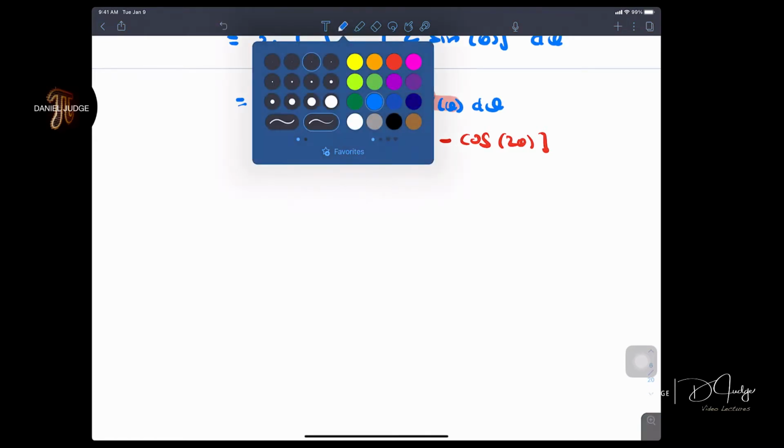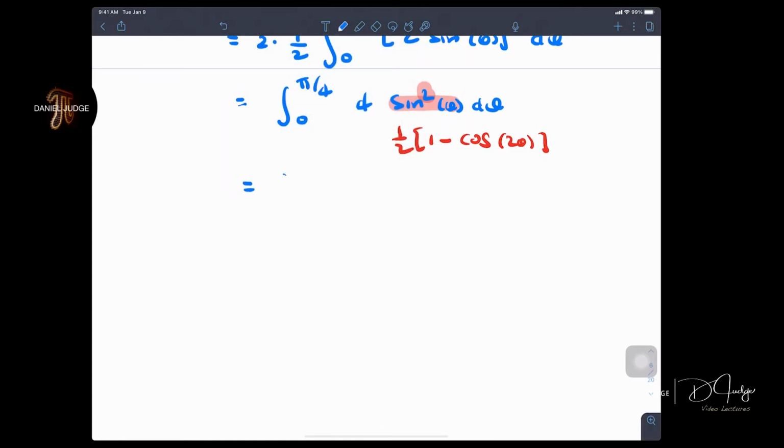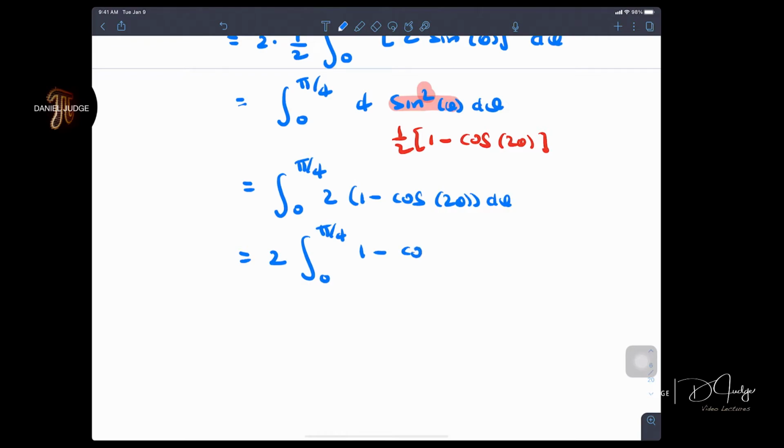So 4 times 1/2 gives me 2. So I get 2 times the integral of 1 minus cosine 2 theta d theta.